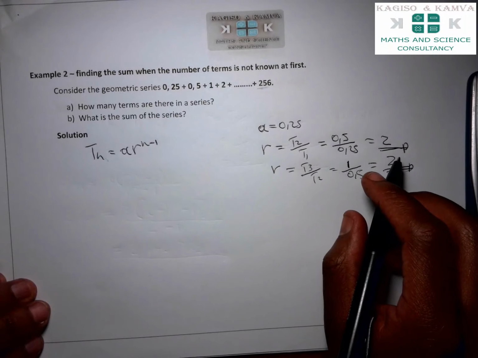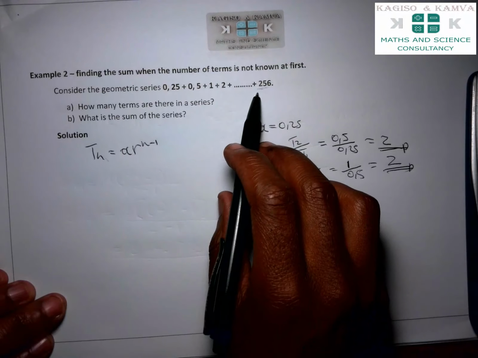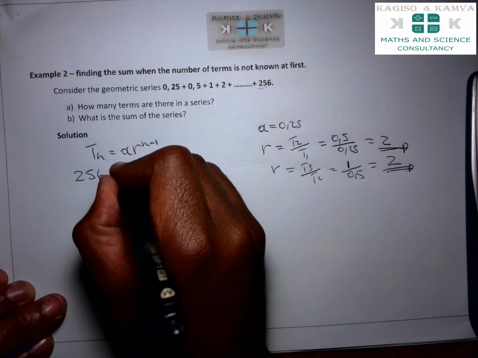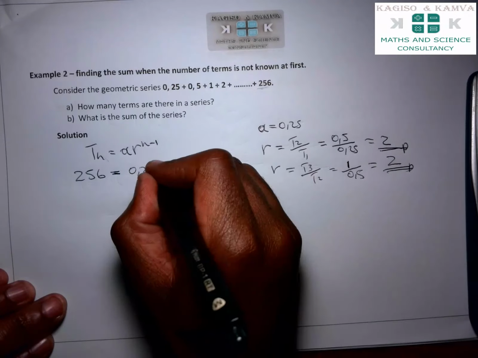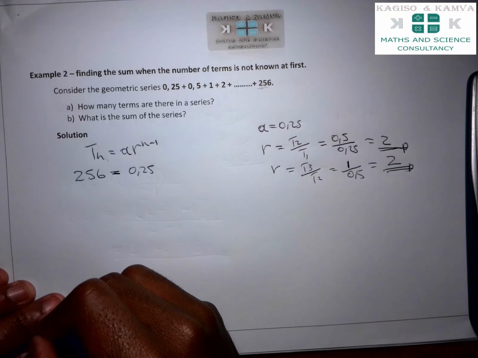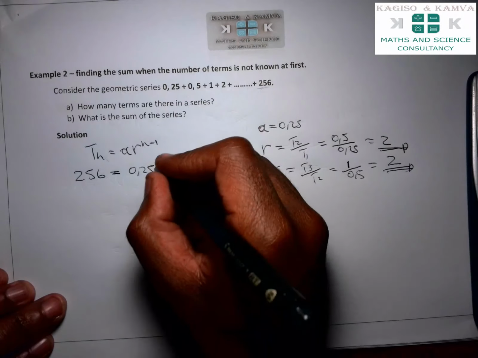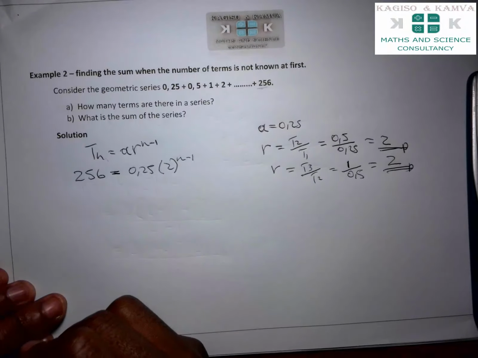So we're looking for n. This is going to be 256 is equal to 0,25 times 2 to the n minus 1.